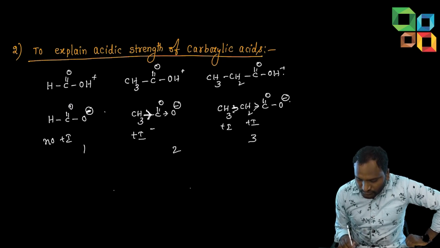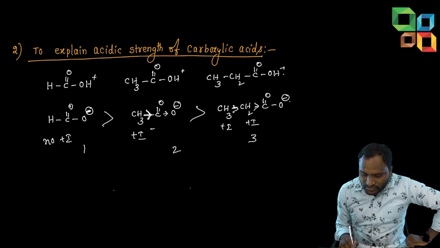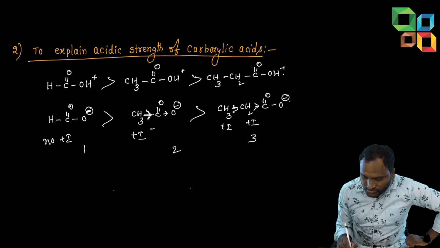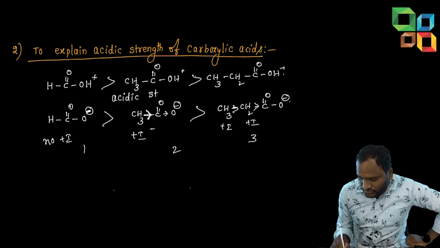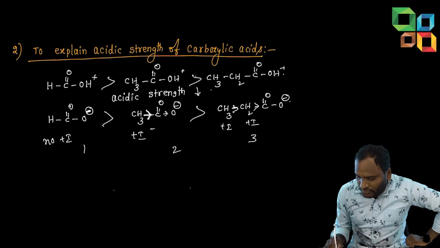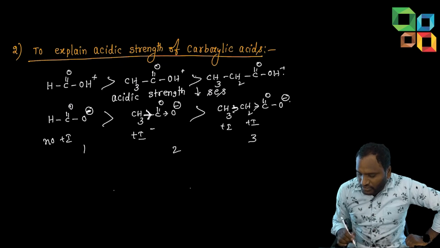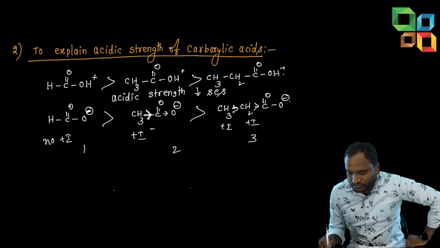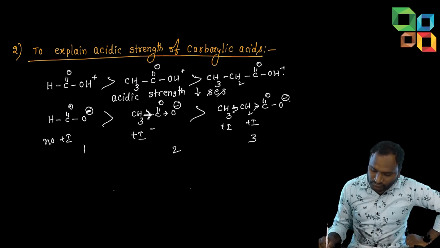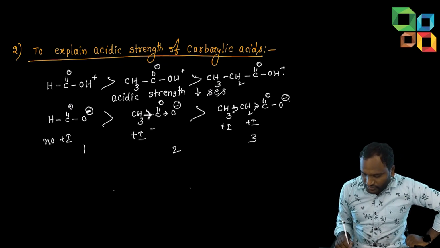If stability is more, it is ready to donate H plus ion. So acidic strength decreases. Formic acid is more acidic than acetic acid and propanoic acid. Acidic strength decreases. Why? The number of plus I effects increases from here to here. So from this, what can we say?